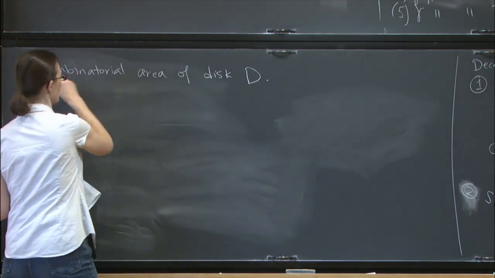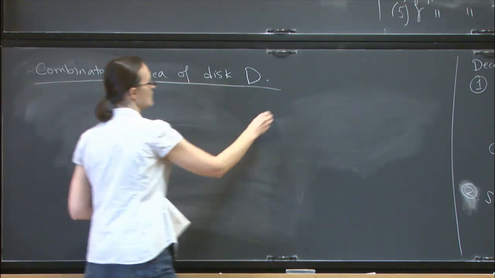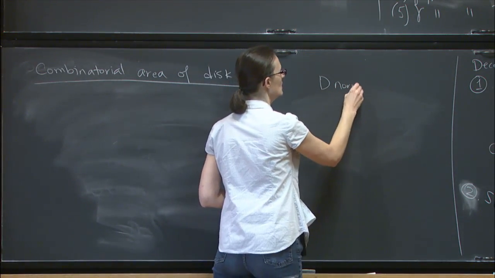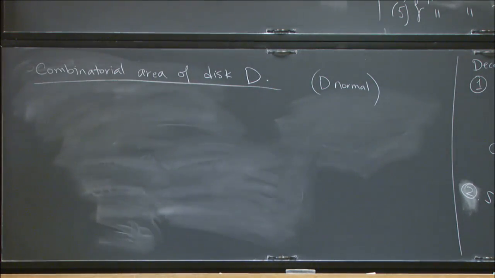Okay, so let's take a disk. And I think that let's start out with normal disks. So D normal. This can be generalized to more complicated disks, but I think for the purposes of this talk, all we need are the normal ones.